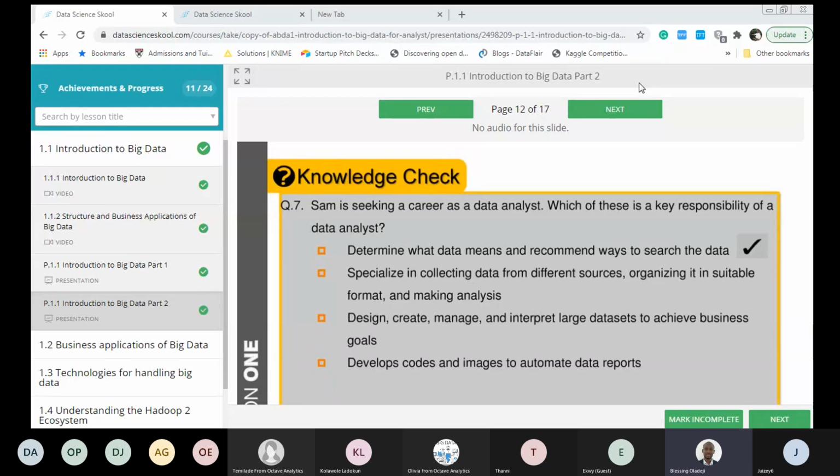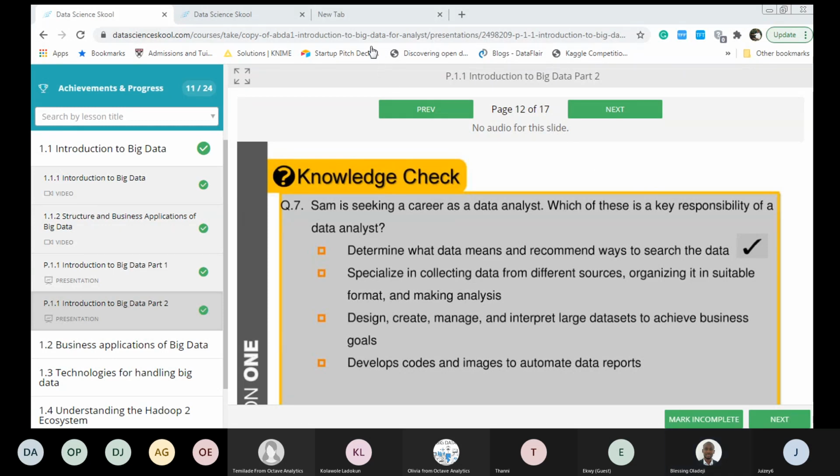The data engineers also develop codes, and in some cases they write queries to automate some reports to make the data available automatically. So Temi is saying C, I'm saying B, but it can be something else for somebody else. It's subjective, it's not necessarily an objective question.